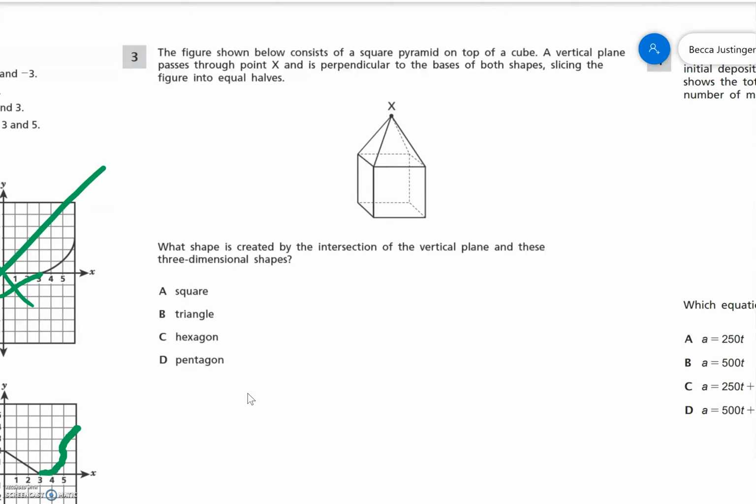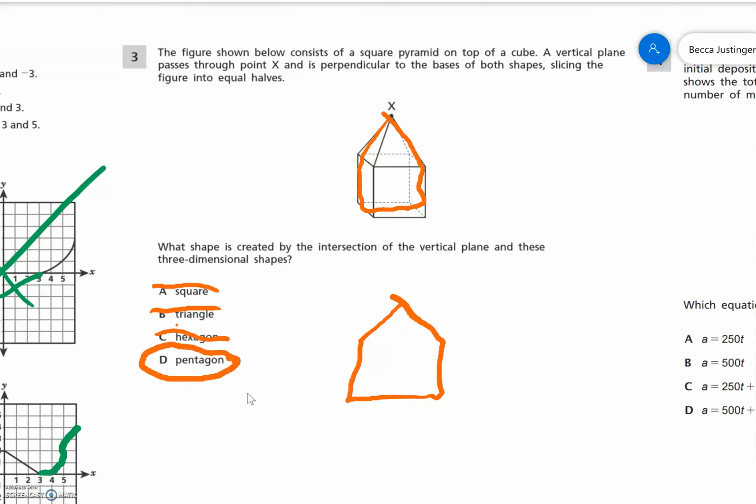So, we are going to basically pretend you take a knife and you slice through. When you slice through it, we are going to get a shape that looks like this. That is not a square, not a triangle. A hexagon has 6 sides. It is a pentagon with 5 sides.